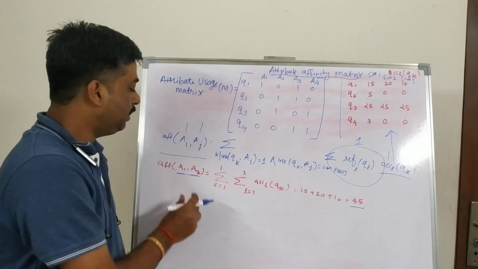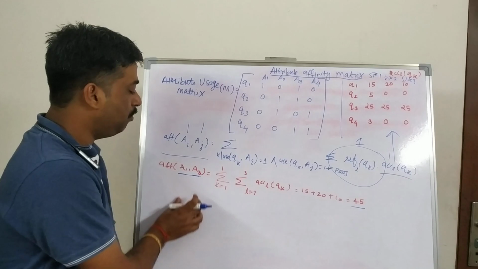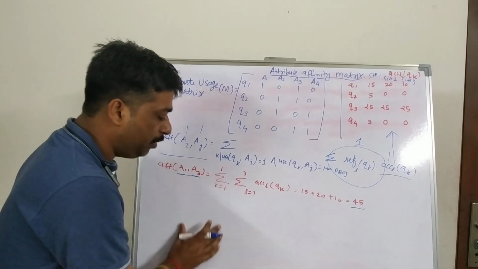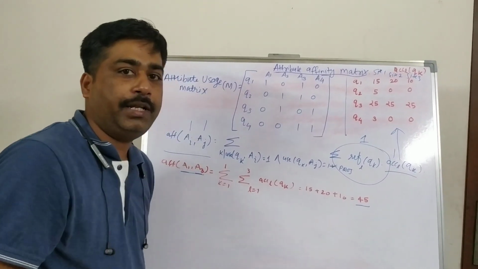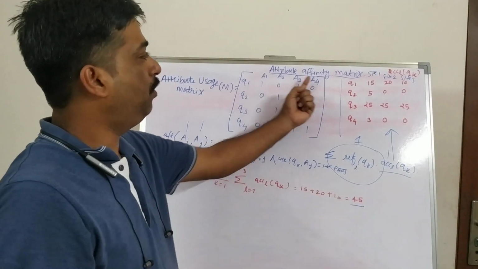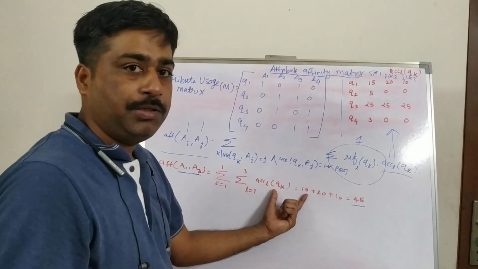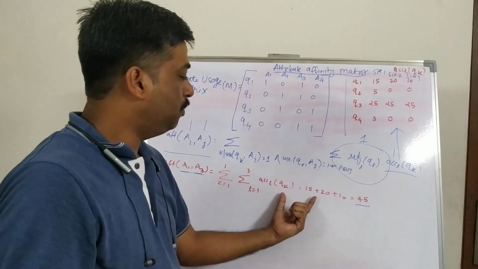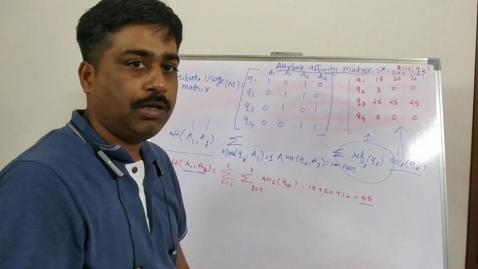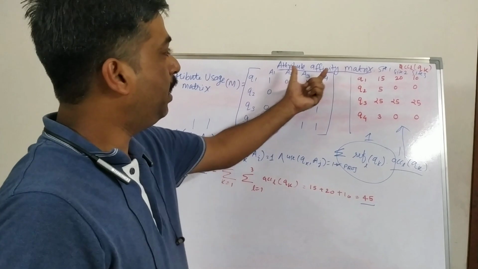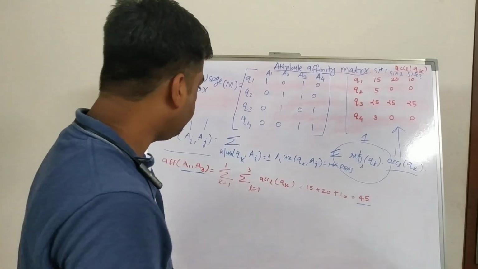Now likewise, if you change the combinations over here, you will be able to calculate the complete attribute affinity matrix. But sometimes it looks very time consuming. So let me present you a very simple way of calculating attribute affinity matrix.